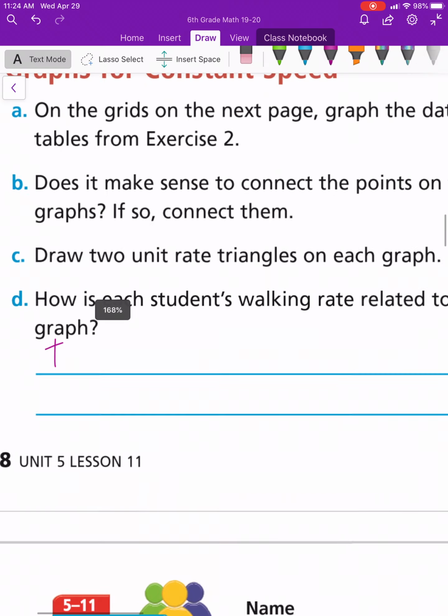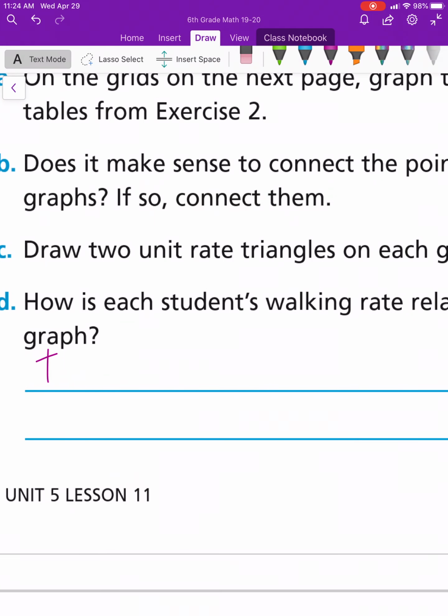I need to zoom in on this so I can get an accurate look. That looks like a lowercase t when it was not intended to be. The walking rate, I'm going to do this in my best handwriting possible. It's really hard for me to write on this screen.